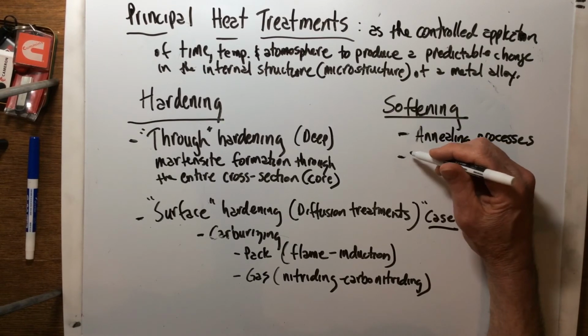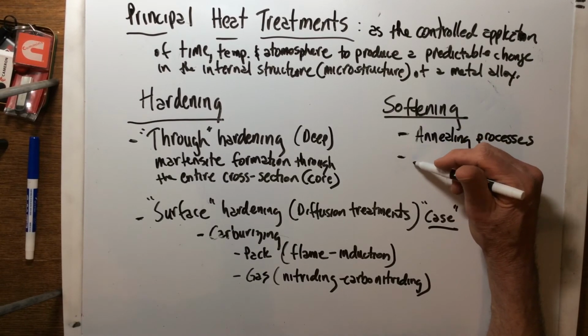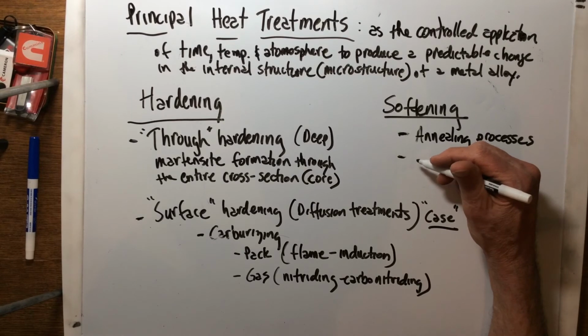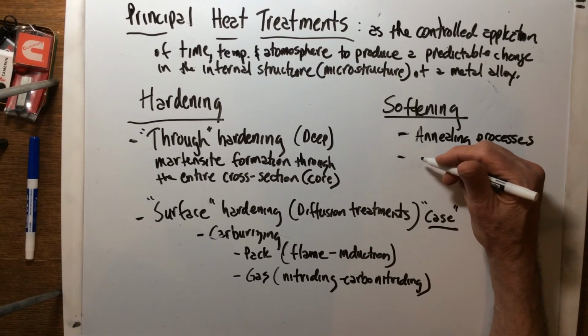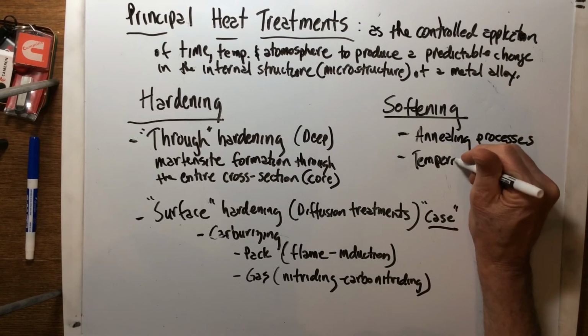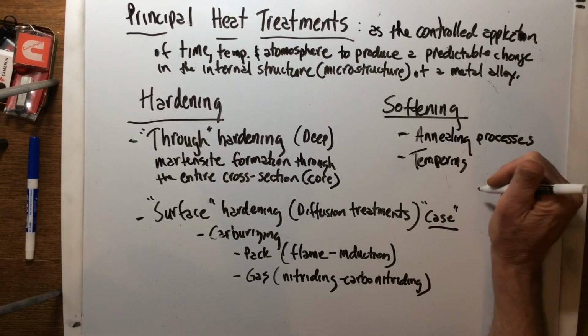And then the other one that we talked about when we were talking about the isothermal diagram was martensite, because when we achieve the martensitic structure, although it's very, very hard, it's very, very brittle, can't really be used. So martensite is always used in its tempered state. So tempering is another type of softening process.